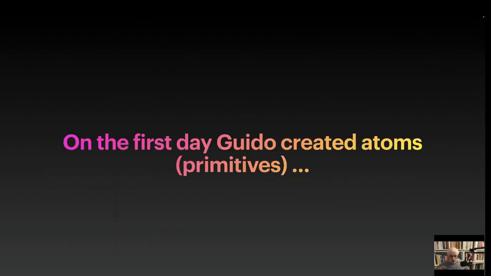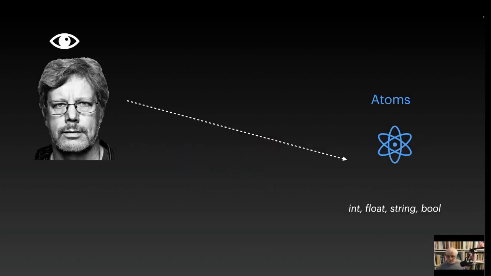So I invited you to consider a simplified view of Python. This is important to understand how Python works from the ground up. On the first day of creation, Guido created atoms, or what we can think of as atoms of the language. Now, Python means two senses.